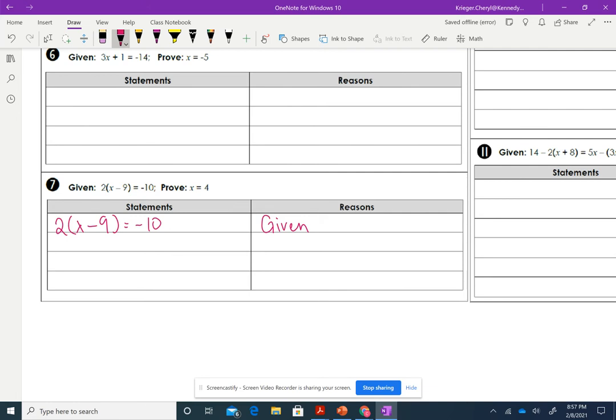Okay, so if I were to solve this, what would be the first step? The first step would be to distribute that 2 to the x and the negative 9. So that's 2x minus 18 equals negative 10. Okay, so distributive property.